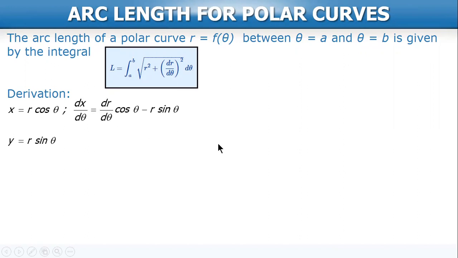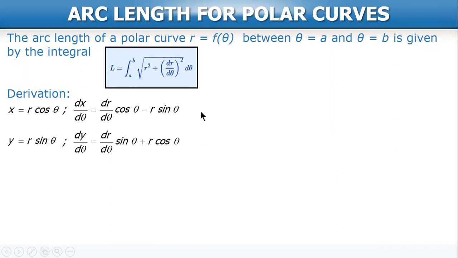This is the result: derivative of r with respect to theta times cosine theta plus r times the derivative of cosine, which is negative sine theta. Do the same for y. We have this.